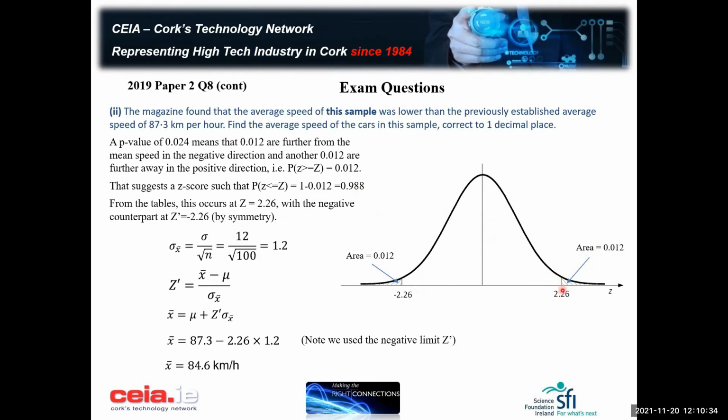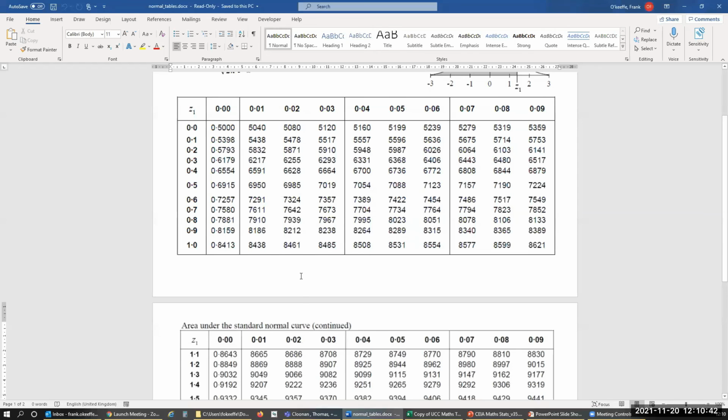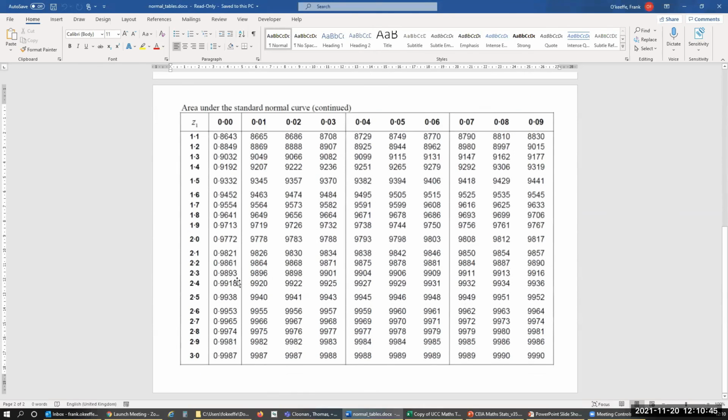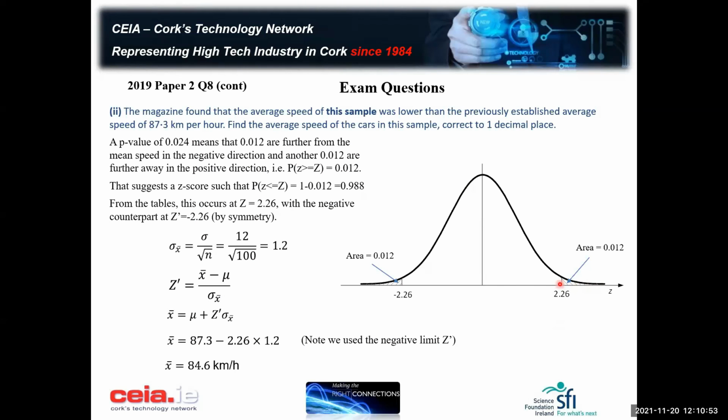So we're looking for a Z value at this point which would give an area under the curve of 0.988. Let's find that in the table. 0.988, it's here, and that's 2.26. The other corresponding one for the other side is minus 2.26.